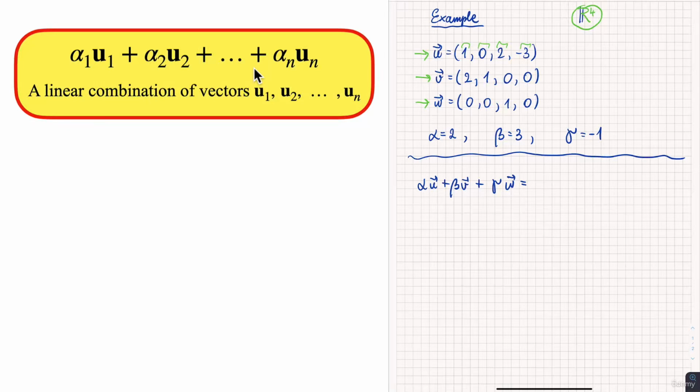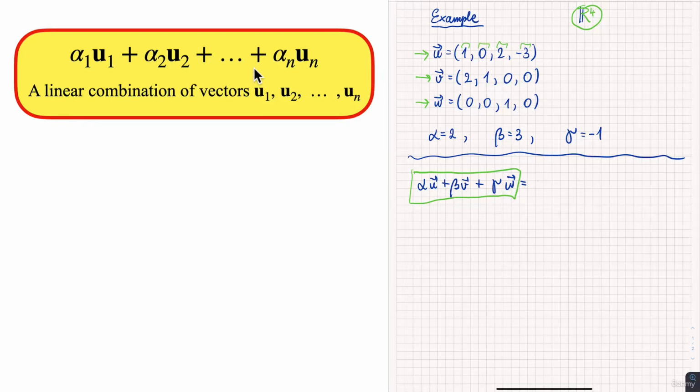And my scalars are alpha equal to 2, beta equal to 3, and gamma equal to -1. So now I will show you how to compute the linear combination alpha u plus beta v plus gamma w.